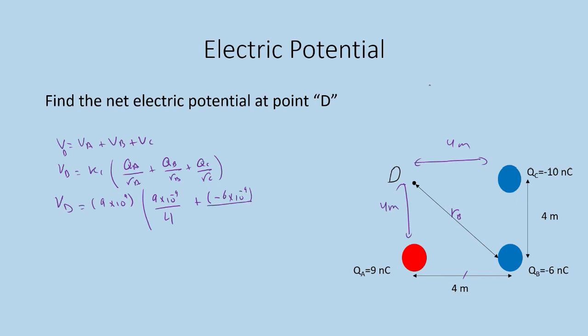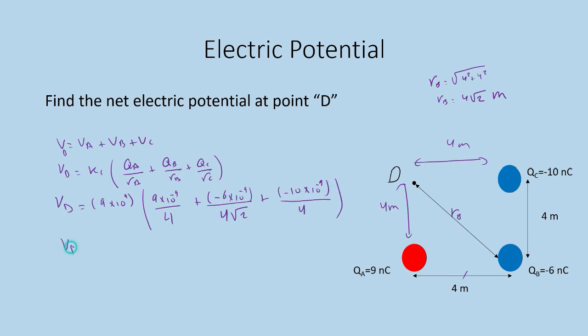Again, we find it using the Pythagorean theorem, so RB is equal to the square root of 4 squared plus 4 squared, so RB is equal to 4 radical 2 meters. So over 4 radical 2 plus QC, which is negative 10 nanocoulomb, so negative 10 times 10 to the power of negative 9, over the distance from C to D, which is 4 meters.